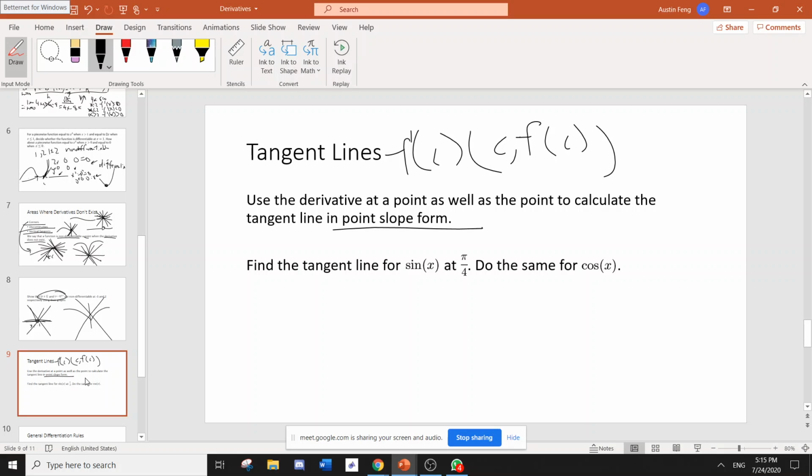Try not to change it to standard form or y is equal to mx plus b, because it's just wasting your time. Point-slope form is easier on the graders, and you definitely won't make a mistake. Just to remind you, it's y minus y1 is equal to m times x minus x1, where this is x1 and y1.